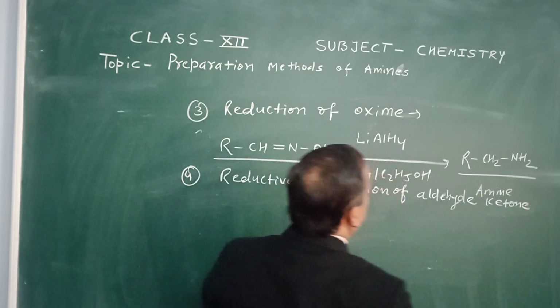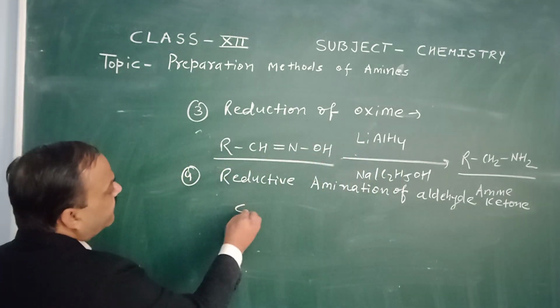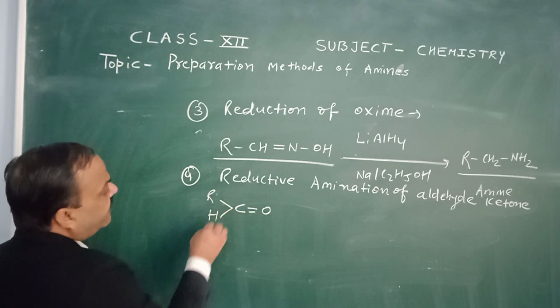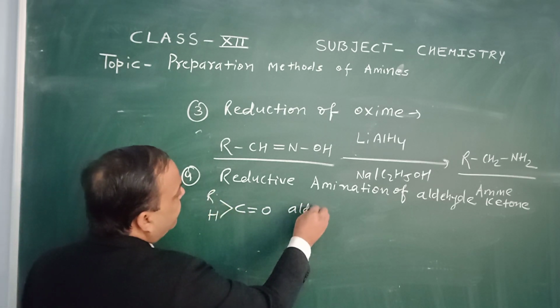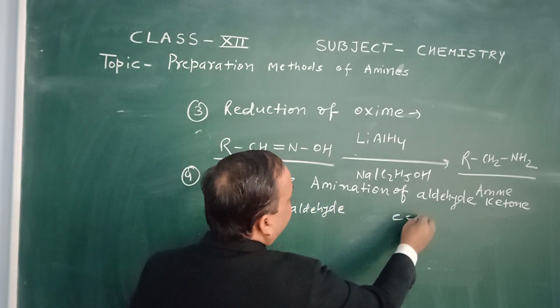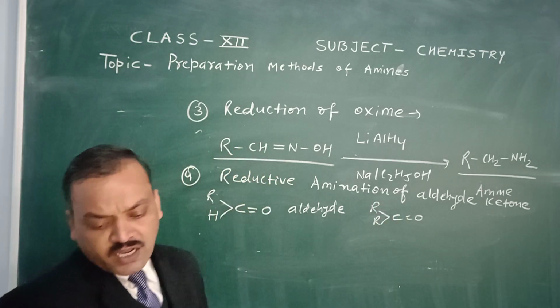Everyone knows about aldehyde and ketone. Basically, in an aldehyde such a condition is present, and if we have a ketone, then two alkyl groups are present on the carbonyl group.